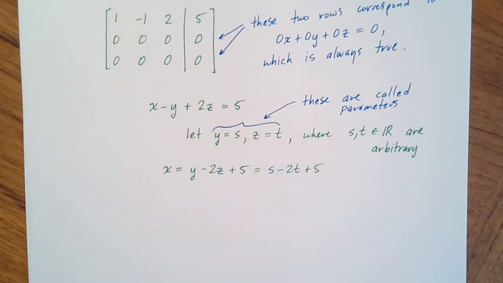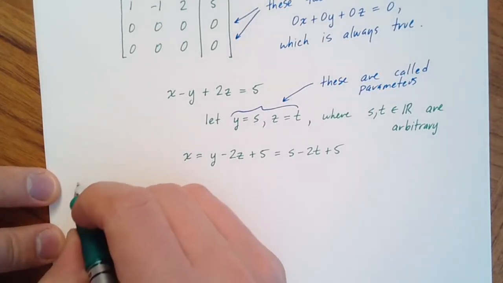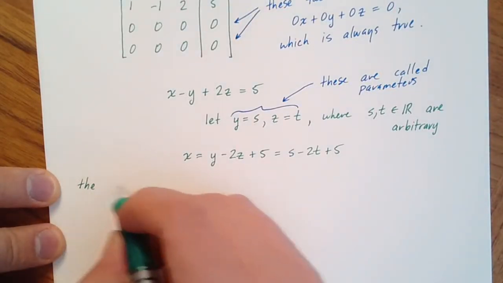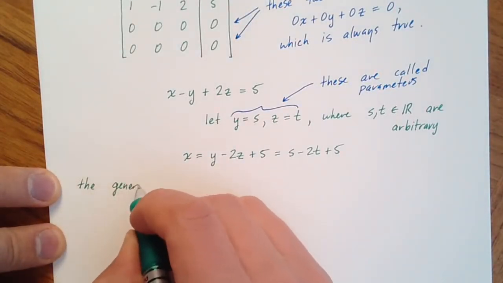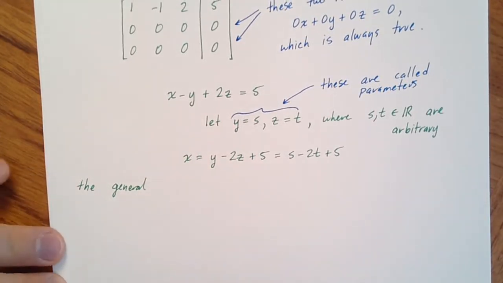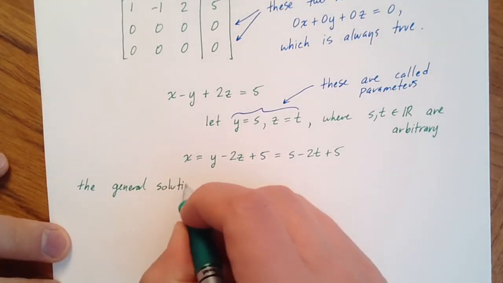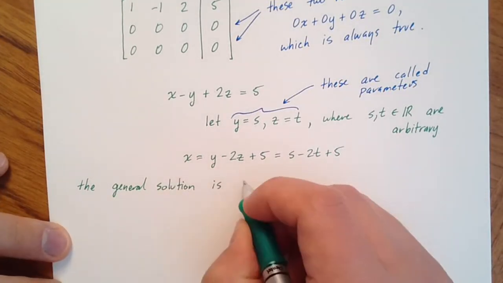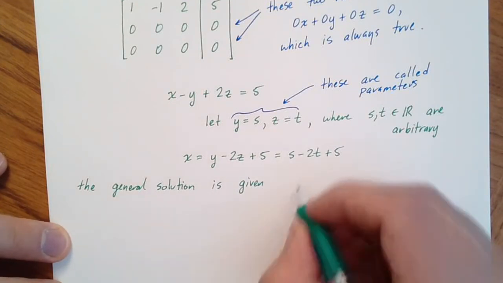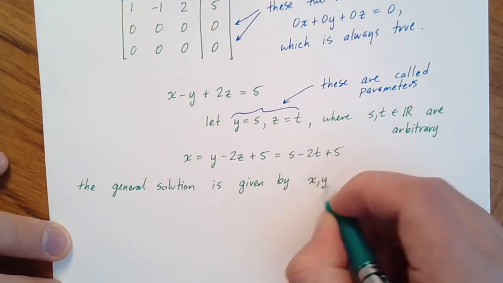So we can now say what the general solution is. The general solution is the bundle of all the possible solutions to the system that you could ever possibly have, written in a package form. So the general solution is given by the following. I'll write it in ordered triple notation, or point form.